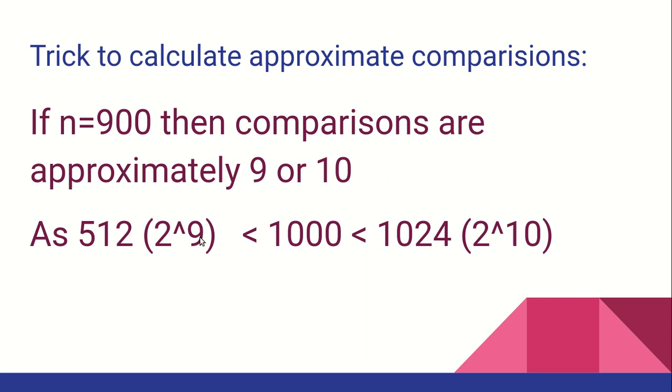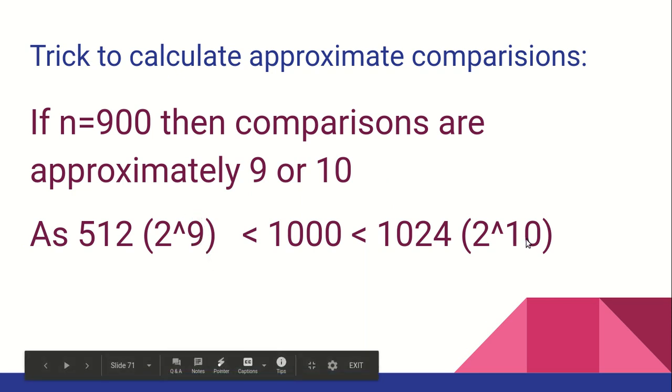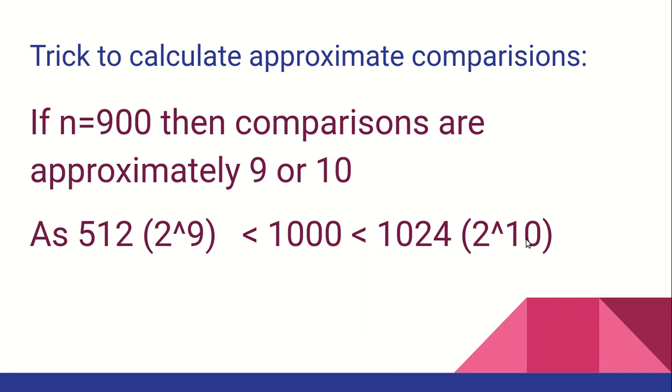So the approximate comparisons required are 9 or 10. So how simple it is, right? It is a very simple trick. We can calculate the approximate comparisons for binary search.